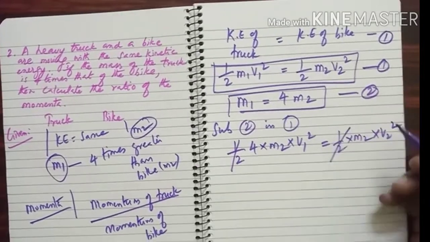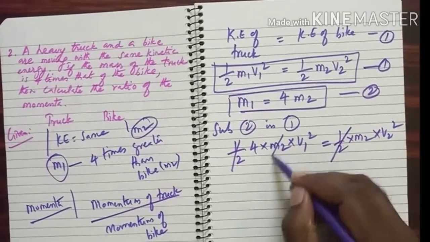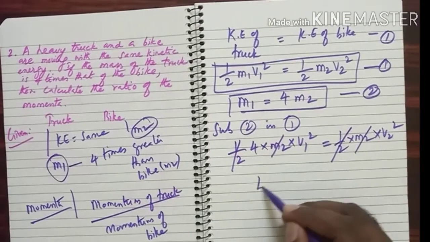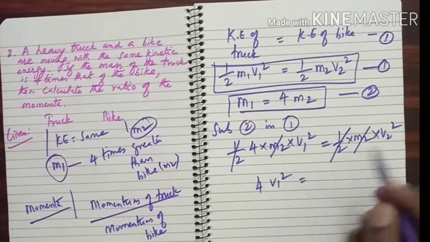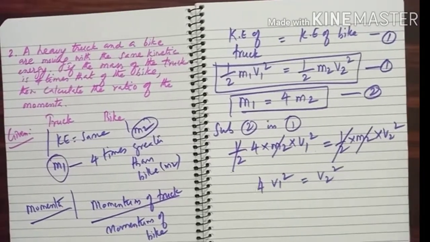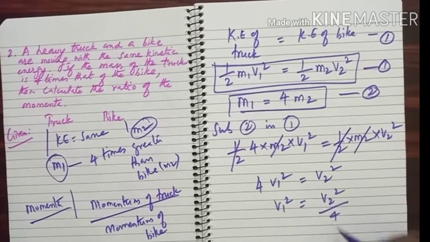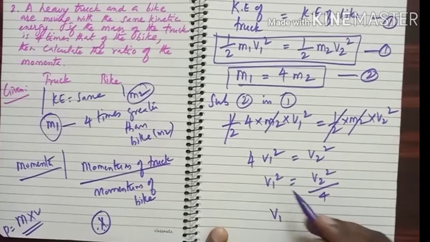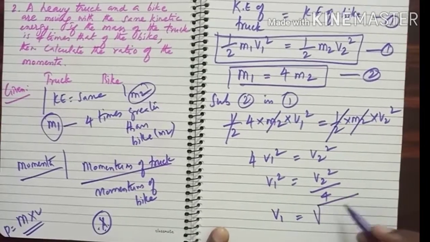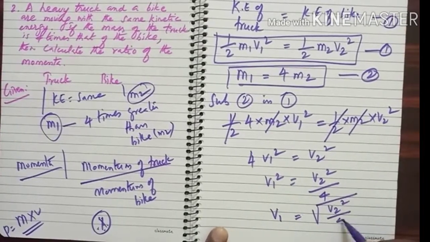This half and this half get cancelled, this m2 and this m2 get cancelled. We get 4 into v1 square equal to v2 square. So v1 square can be written as v2 square by 4. If I want v1, I can take the square root.